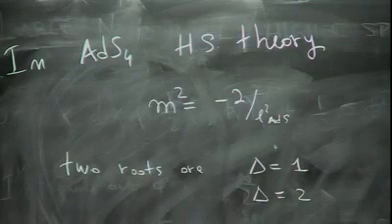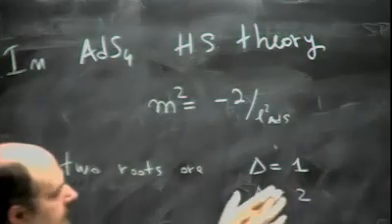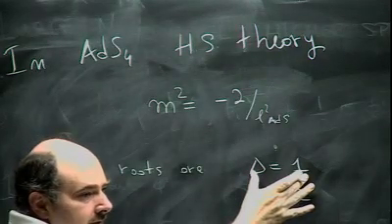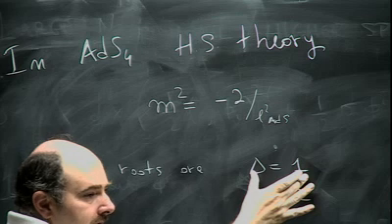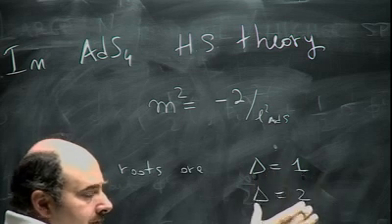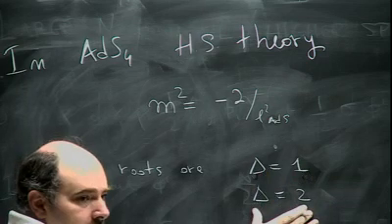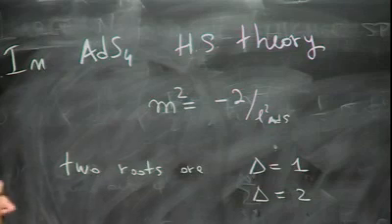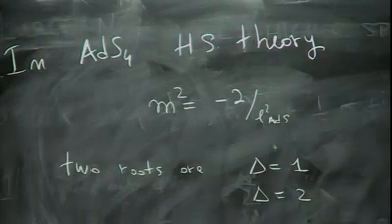So if you make this choice for your boundary behavior of the scalar field, the dual theory is the free vector model where the phi squared operator has dimension 1. If you make this choice, then the dual is this interacting critical theory where the scalar operator has dimension 2, right?